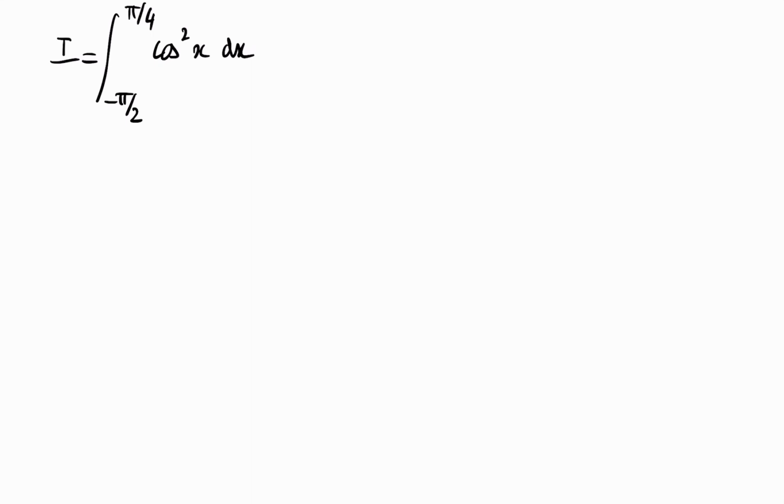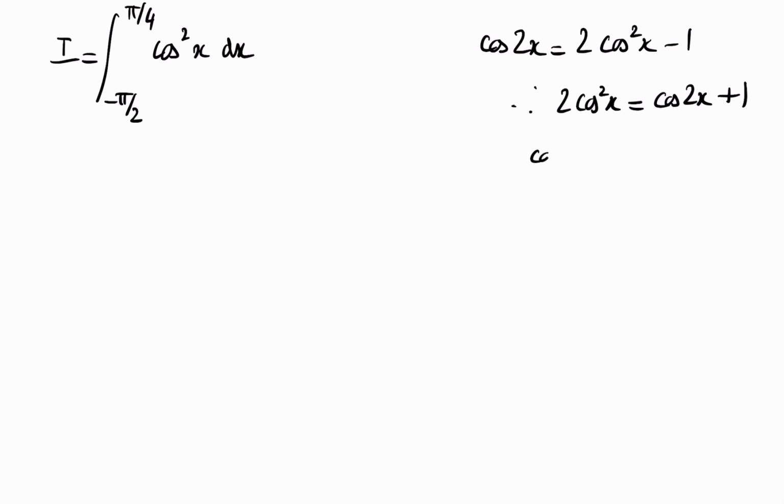So again, cosine 2x is equal to, let's go a bit faster now, 2 cosine square x minus 1. So therefore 2 cosine square x is equal to cosine 2x plus 1, and so cosine square x is equal to 1/2 of cosine 2x plus 1.